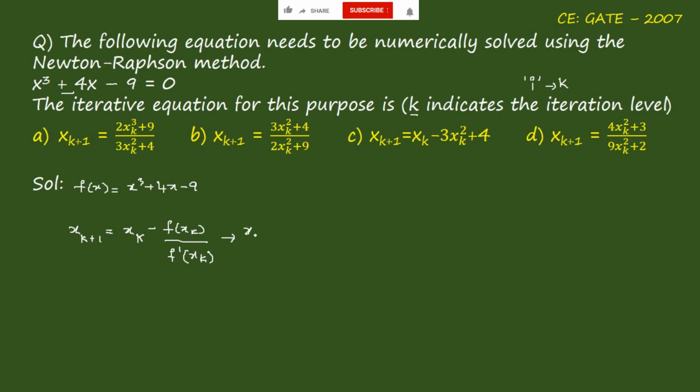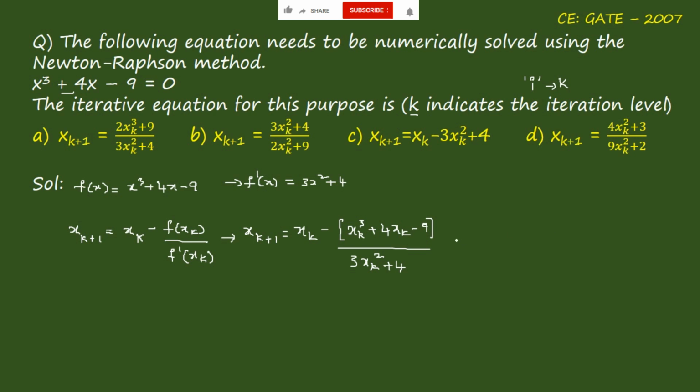Then we get x of k plus 1 is equal to x of k minus f of x of k, just substituting the values here, we get x of k cube plus 4x of k minus 9, right, by f dash of it. First we have to find f dash of x, which becomes 3x square plus 4, right? So f dash of x of k becomes 3x of k square plus 4.